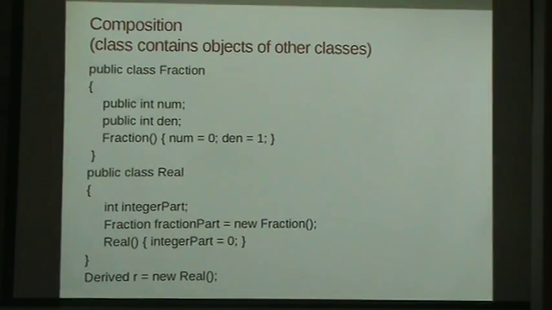Okay. So there's a difference between inheriting and a class being composed of something. For example, suppose we had a fraction. A fraction is something that has a numerator and a denominator.